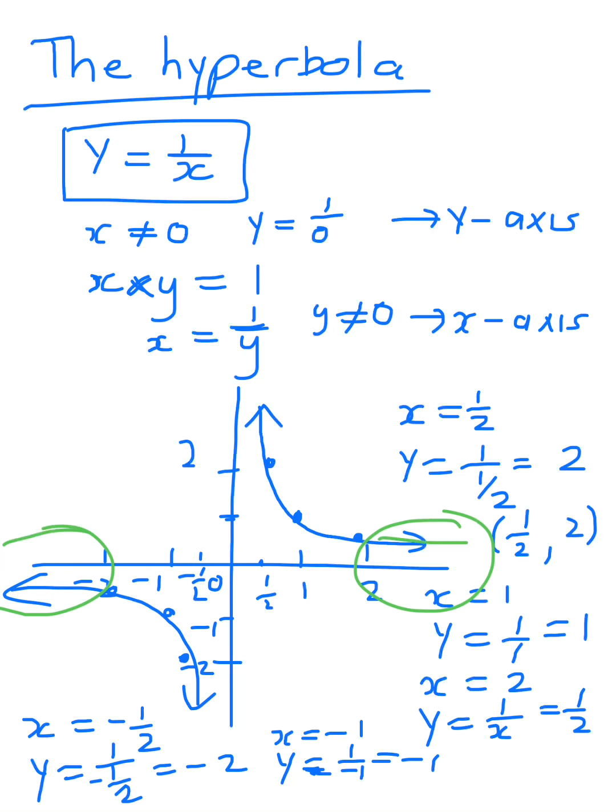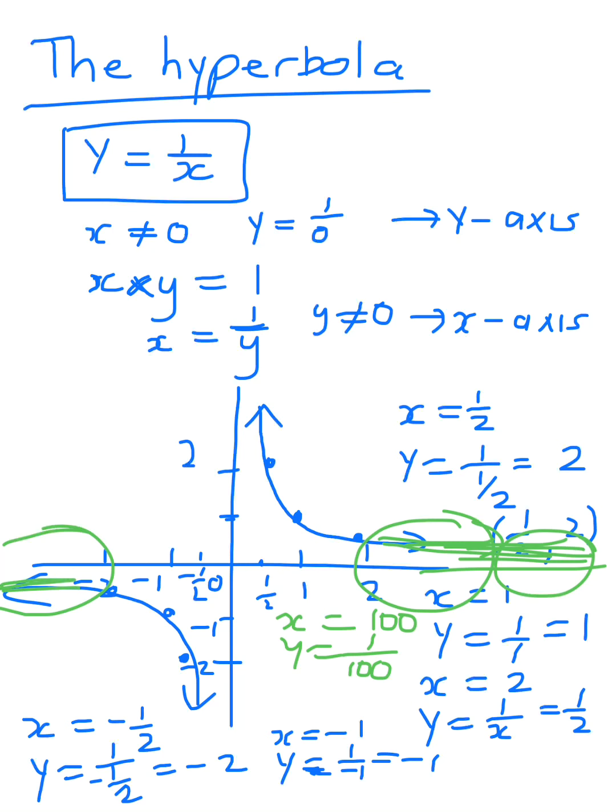Now you notice that it never ever cuts the x-axis. It'll keep going and get smaller and smaller, because if you put in x equals say 100, you get y equals 1 over 100, which is very, very small. You put 1,000, it's 1 over 1,000, so it'll get closer and closer to this axis, but it'll never actually cut it, because it'll never ever equal 0. And the same if you went this way as well.